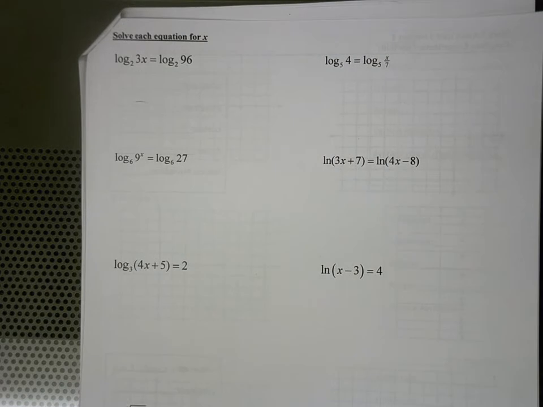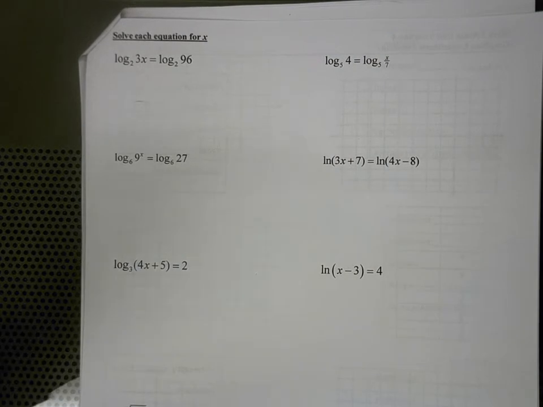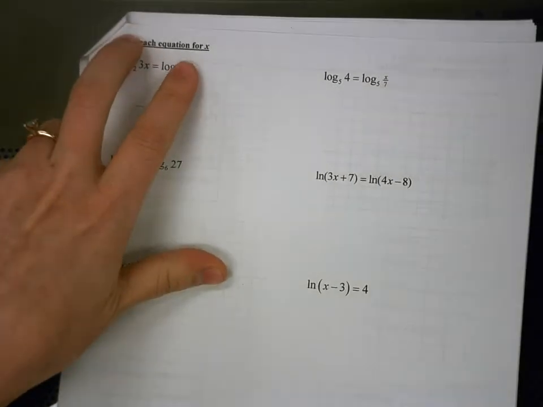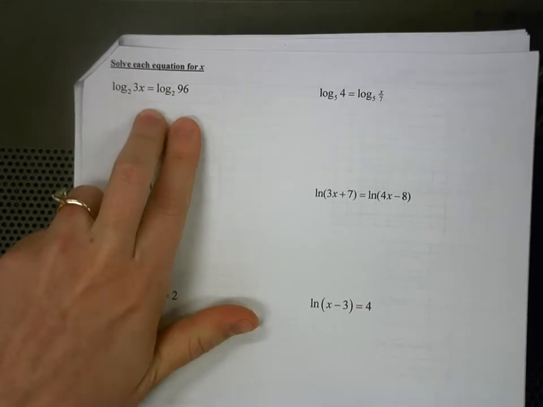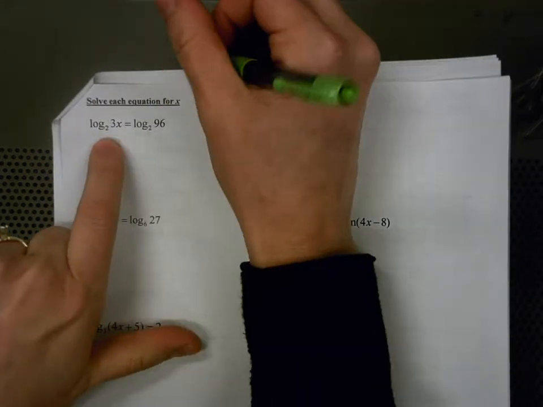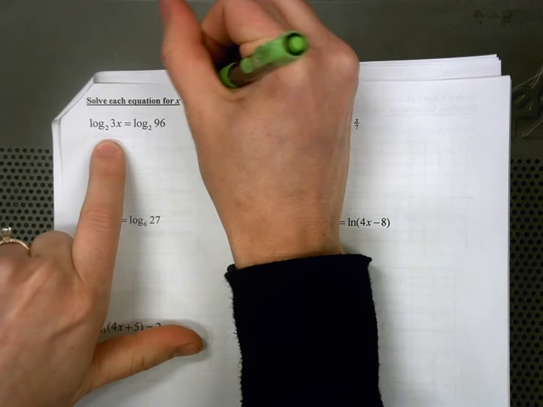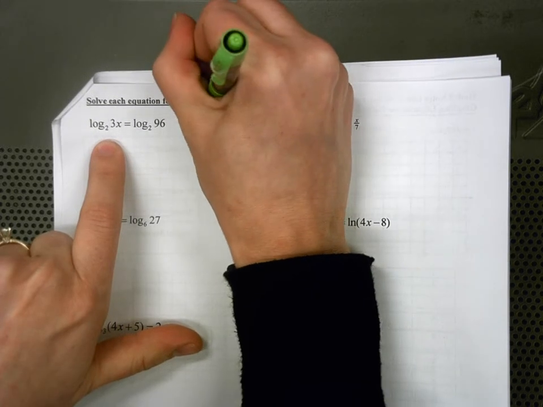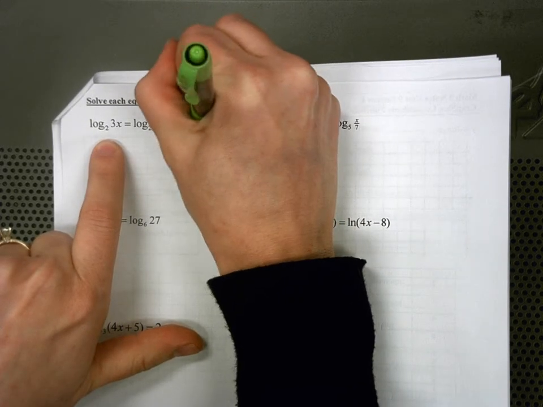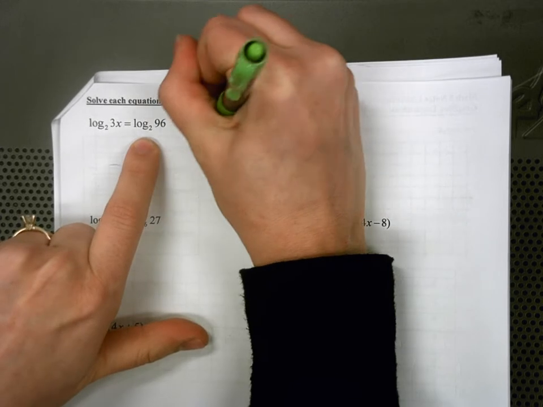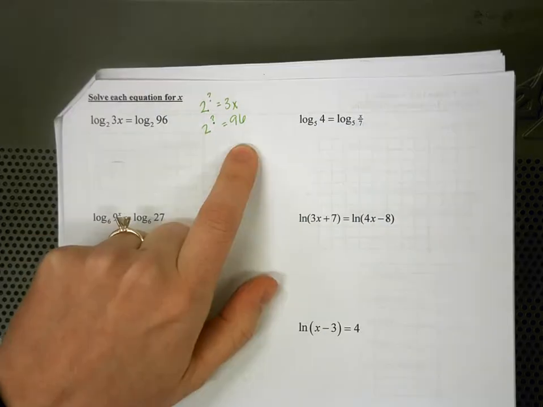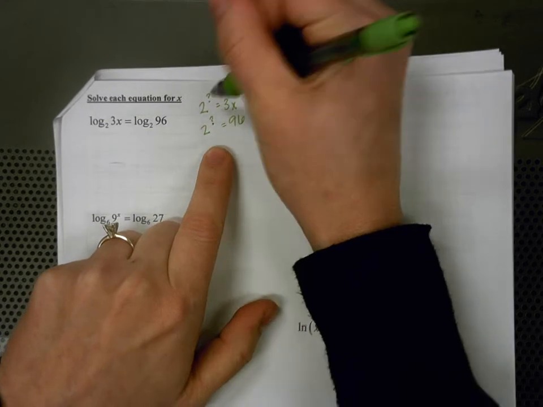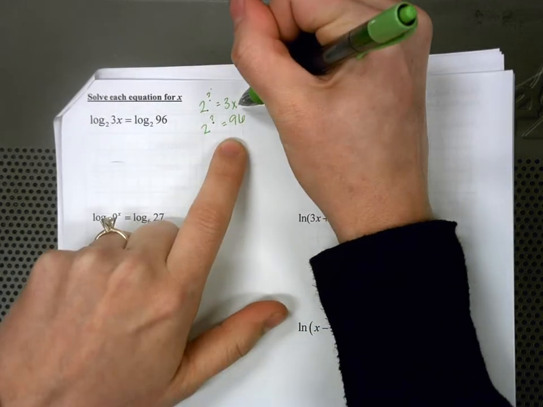In other words, if you raise 2 to that same power on either side, you should get an answer that's the same. So it'd be like rewriting each side as 2 to something equals 3x, and 2 to the same number equals 96. You don't have to write this part down, but if those two values are going to be the same exact number, then these two answers should be exactly the same.